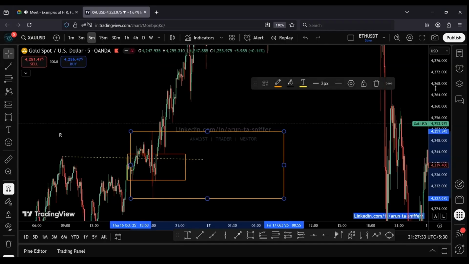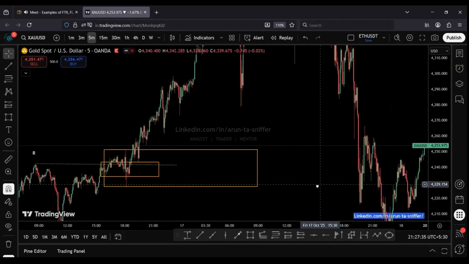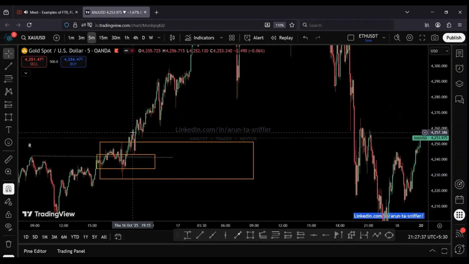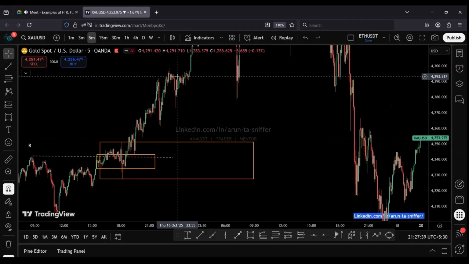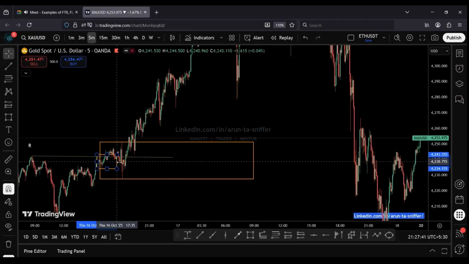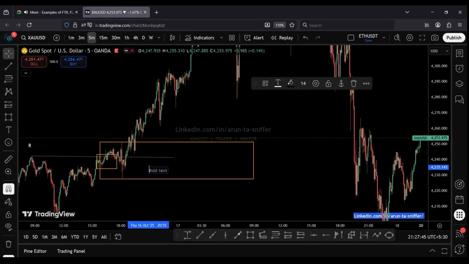Okay. Price goes up, came down, goes up again. So this was FTR, and it converts to FL. FTR converts to FL. Okay.